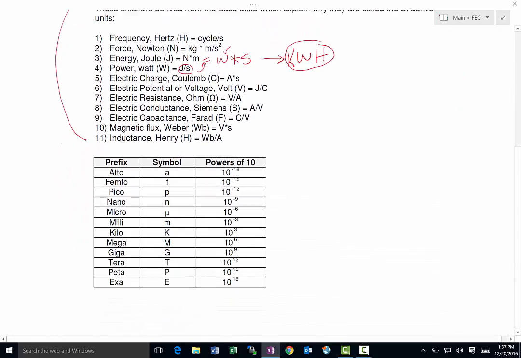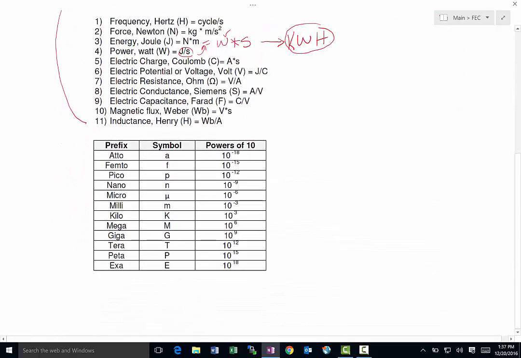The other thing you may want to spend a little time getting familiar with in the engineering world is prefixes. We end up with lots of zeros, and it's really confusing to carry them.